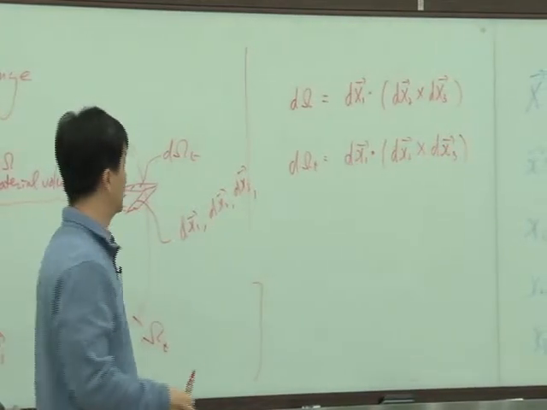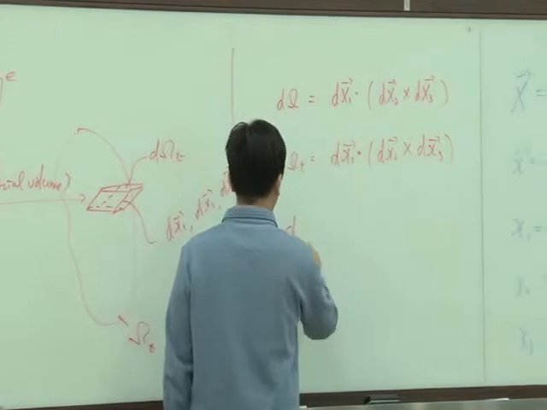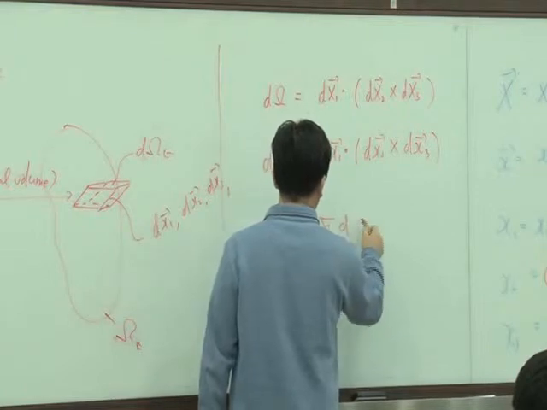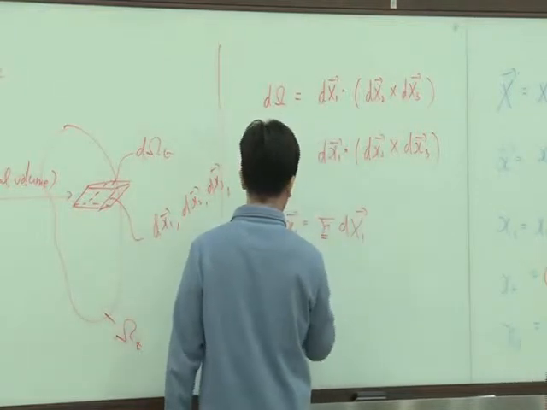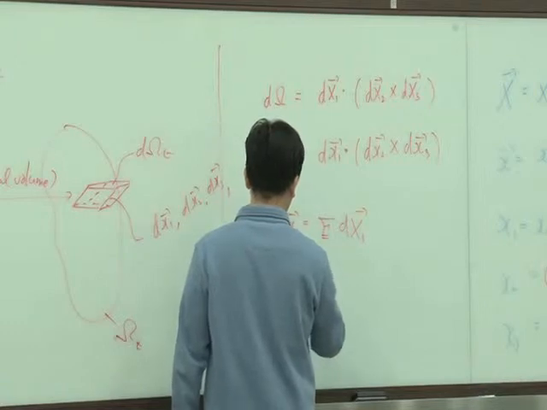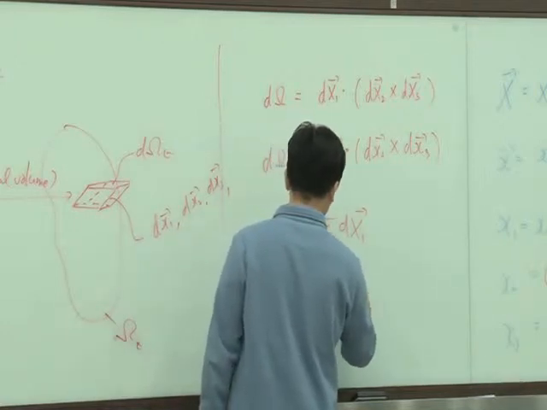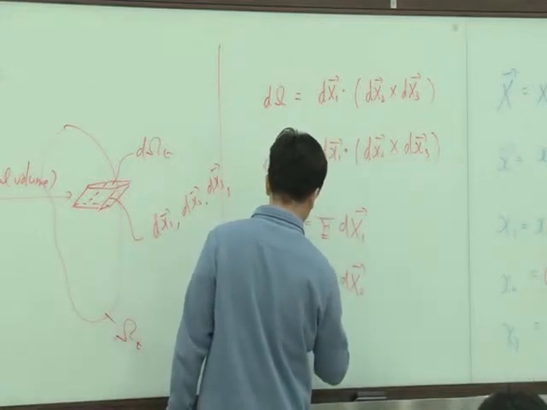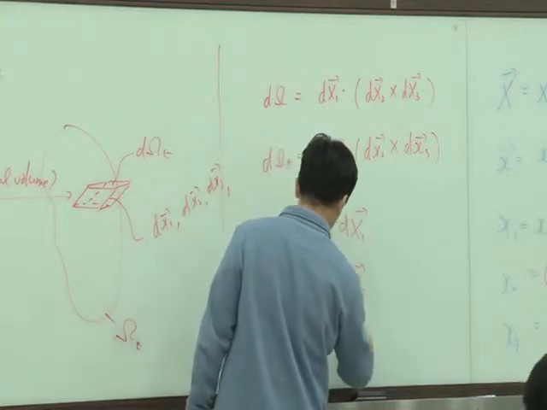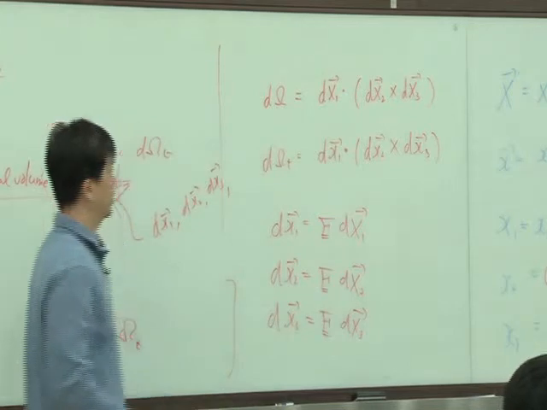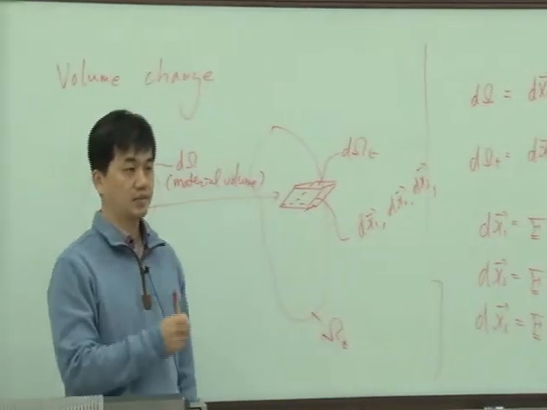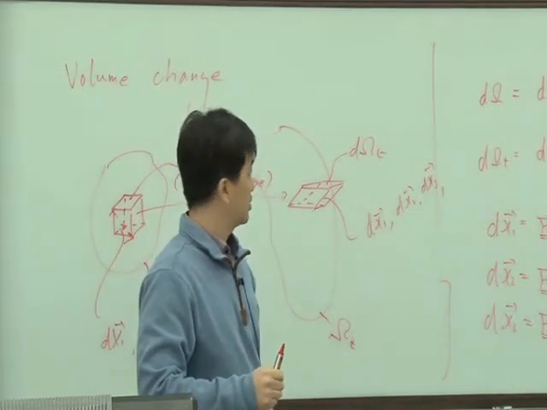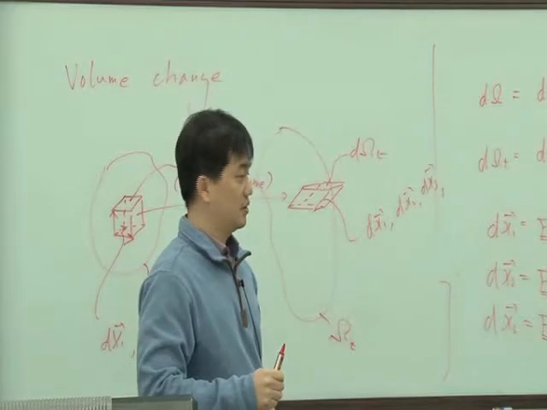And here we know dx1 equal F dX1. We know the relation between material vectors at initial configuration and current configuration. Okay?